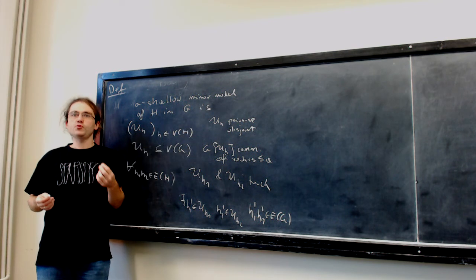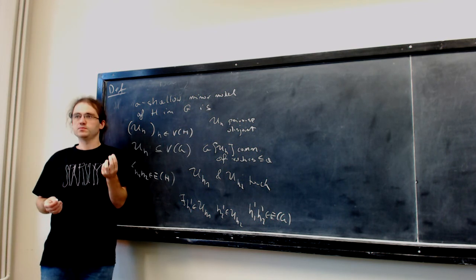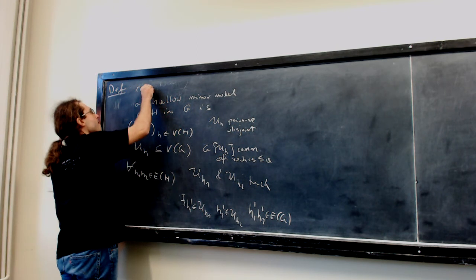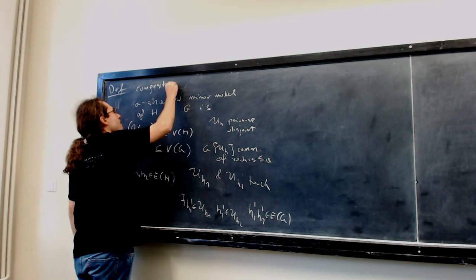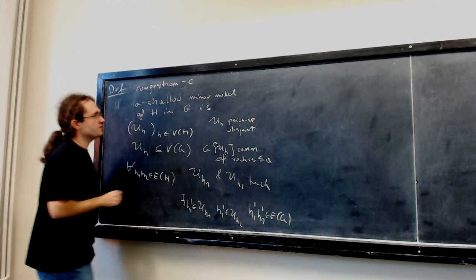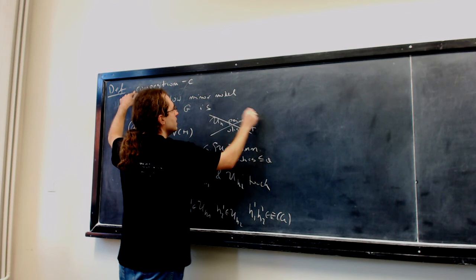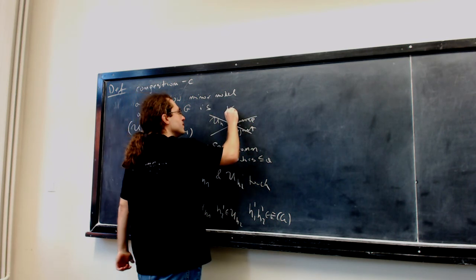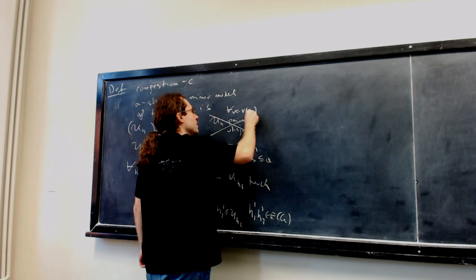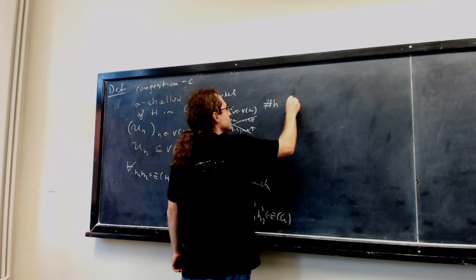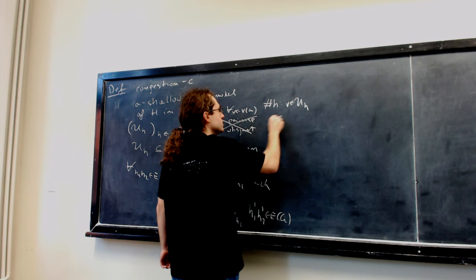Okay, pairwise disjoint. Now I want to add congestion, so I want to replace pairwise disjoint with the ability to use every vertex a constant number of times. So I will add here congestion c, where c is another integer. I will cross this out and say that for every vertex v in V(G), the number of h such that v is in U_h is at most c.